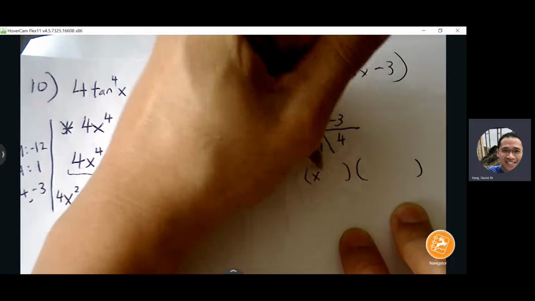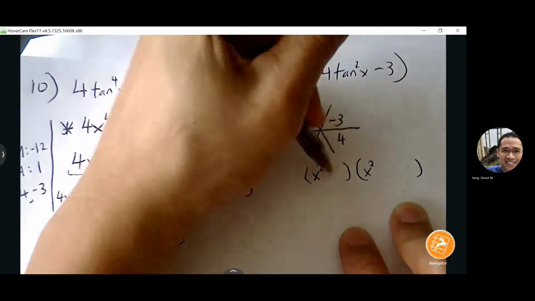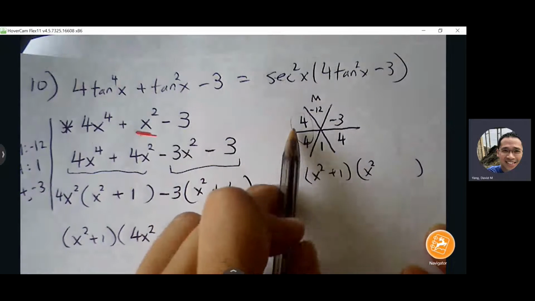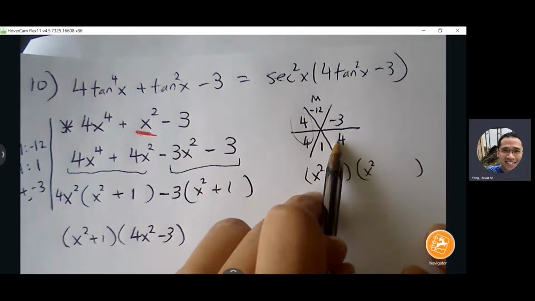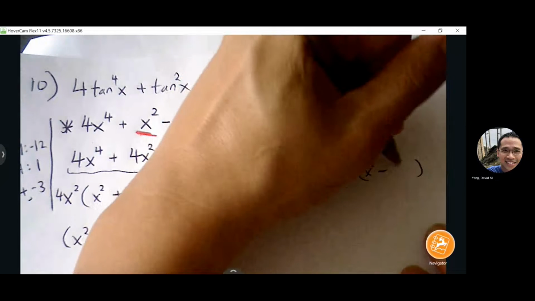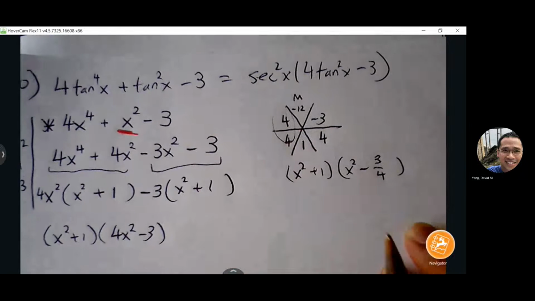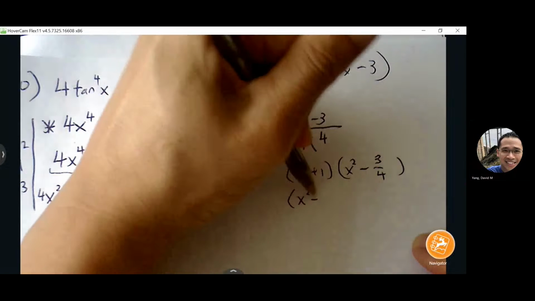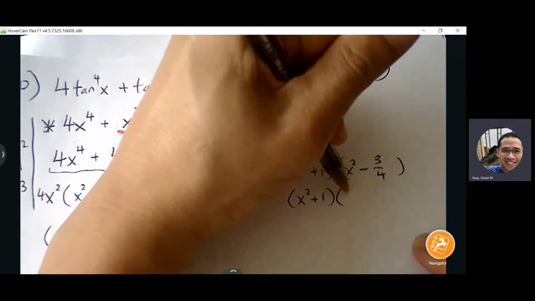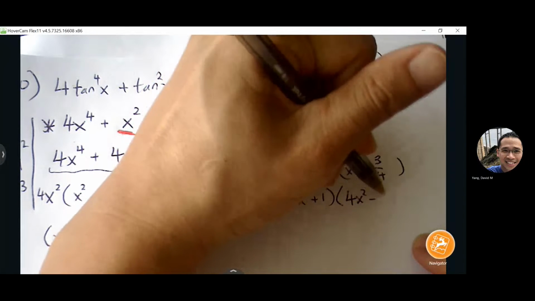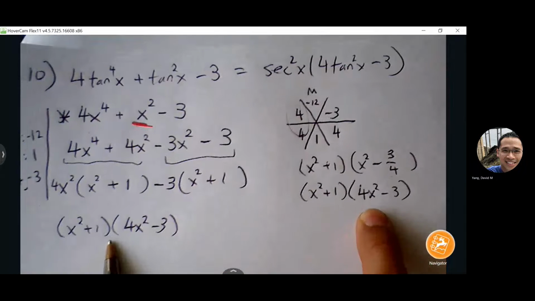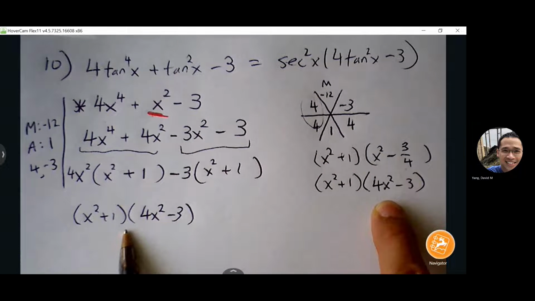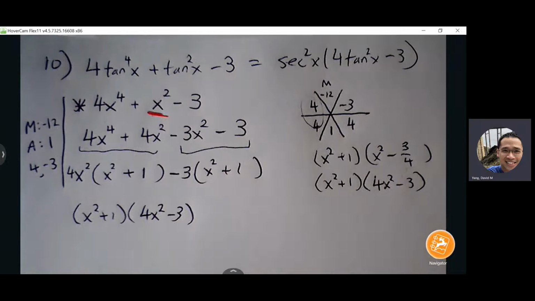I have to do x squared and x squared. So x squared plus 1, because 4 over 4 is 1, and then negative 3 over 4. I don't want any fractions in my factored form. So either way that you factor, just make sure you can do that. Any questions?